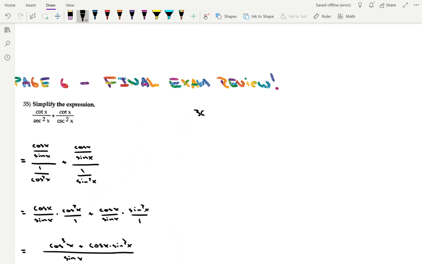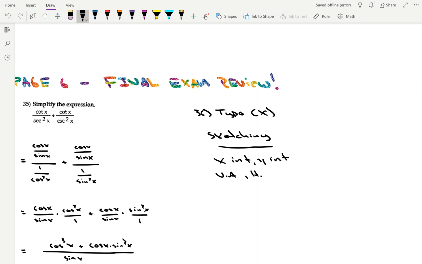Number 36 is about sketching. I think there's a typo in that problem, so we crossed it off. But you are responsible for sketching. And just a heads up, while you're going through your notes, think of x-intercepts. Think of y-intercepts. Think of vertical asymptotes. Think of horizontal asymptotes, how you find those.